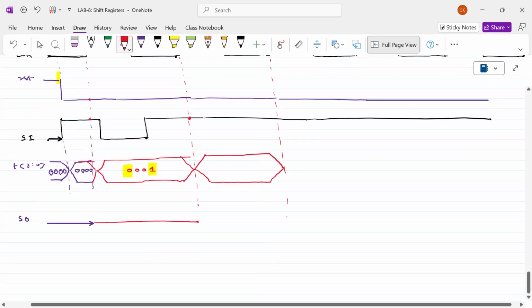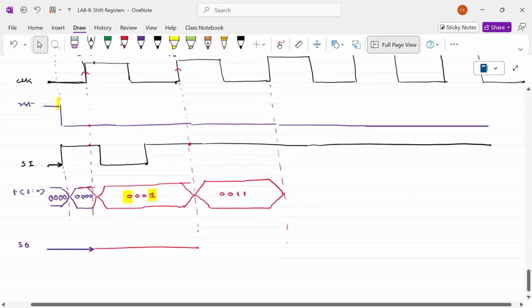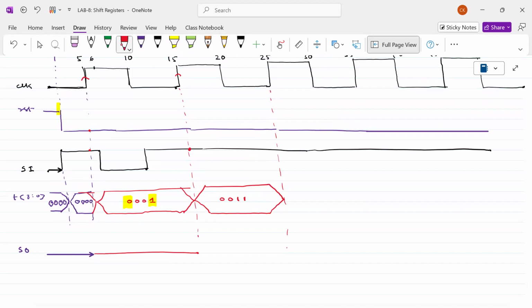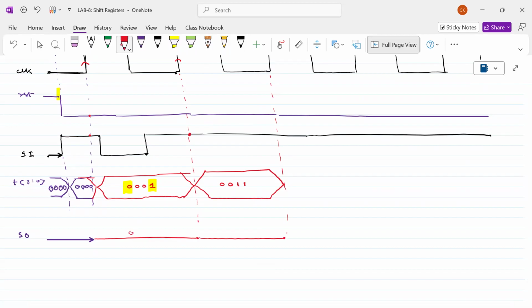So what is this value? 0, 0, 1. It should be 1. At this point, the 1 will again be inserted into this one. So what is the output here now? 0 again. The serial output is also 0. Here also 0. What about this one?